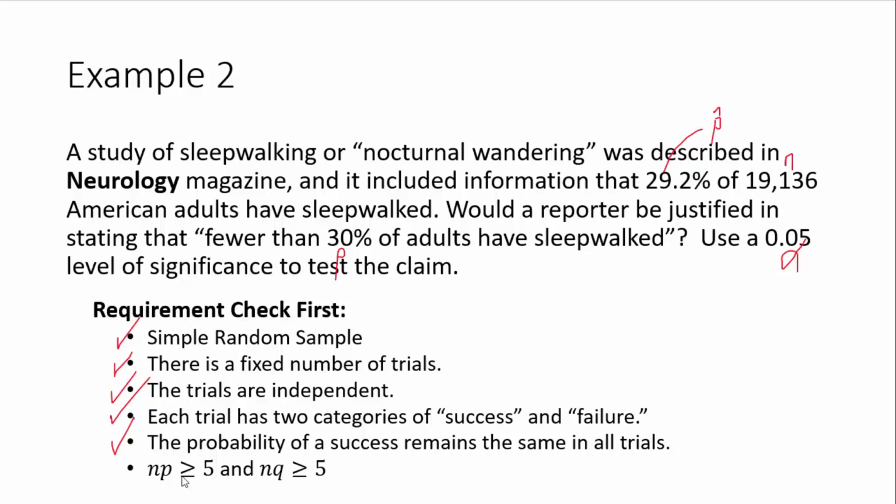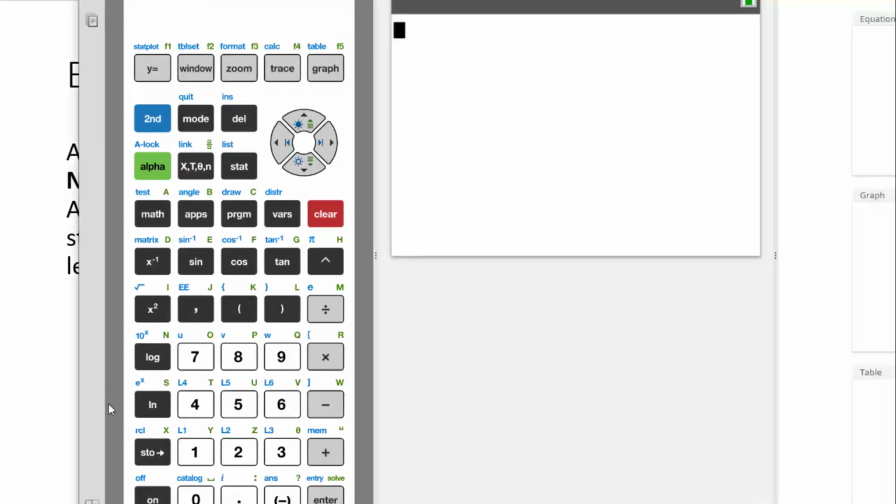N times P greater than or equal to 5, and N times Q greater than or equal to 5. Well, I have N 19,136, and I have P at 30%. So I can just easily pick up a calculator. 19,136 times my 30%.